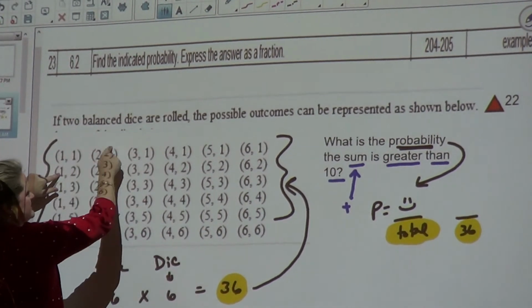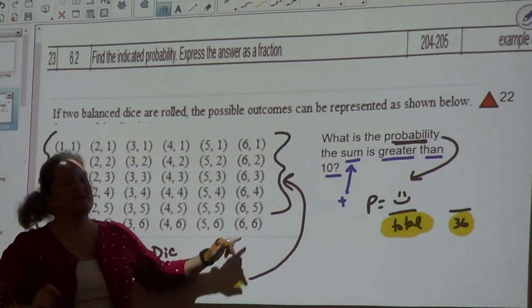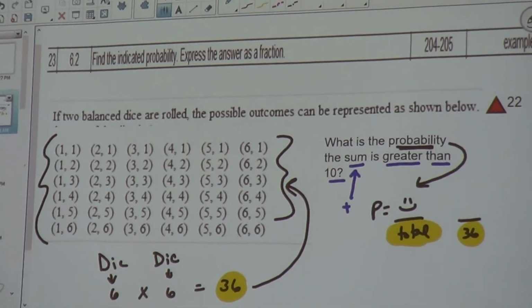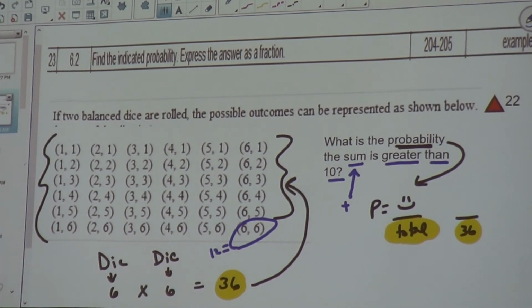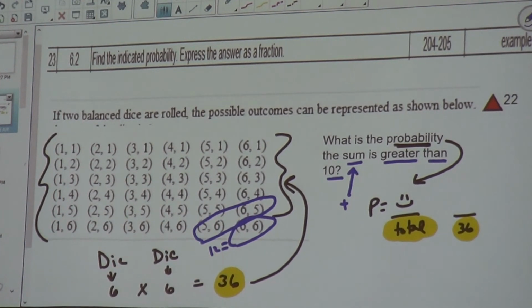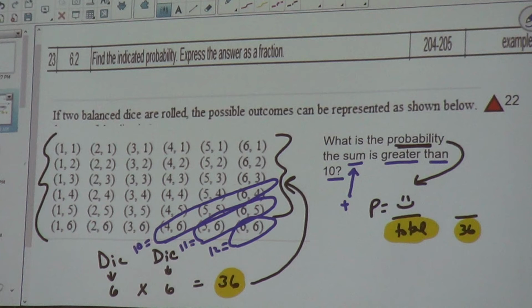These add to 2, these add to 3, these add to 4, these add to 5. So if I come down here, this adds to 12, this adds to 11, this adds to 10. You with me? We want greater than 10. So it's just going to be 3 out of 36.